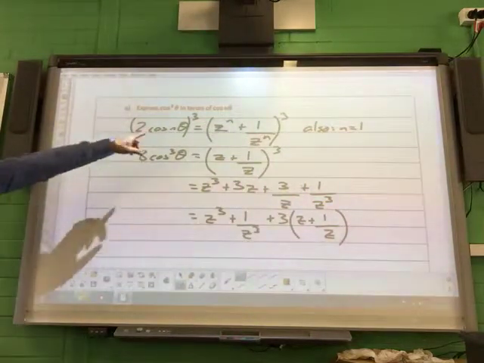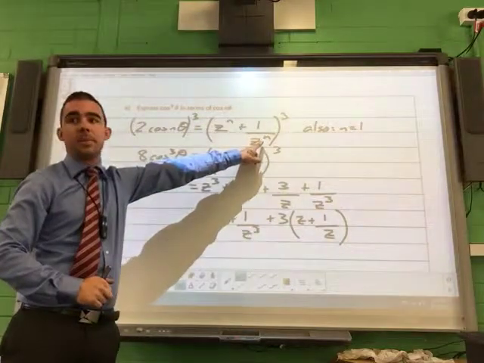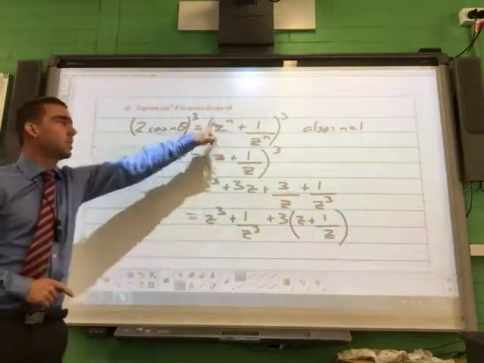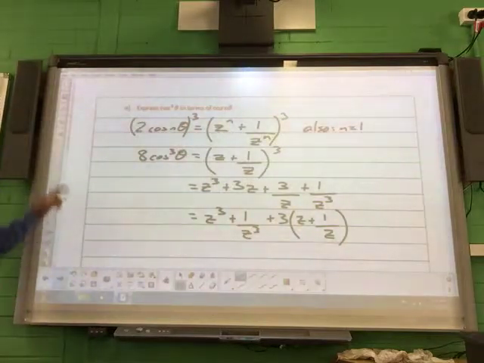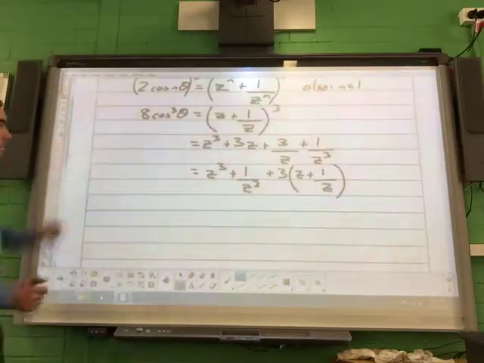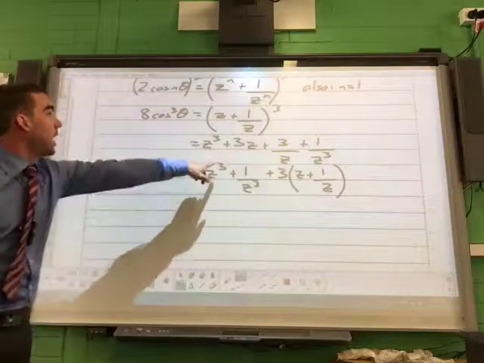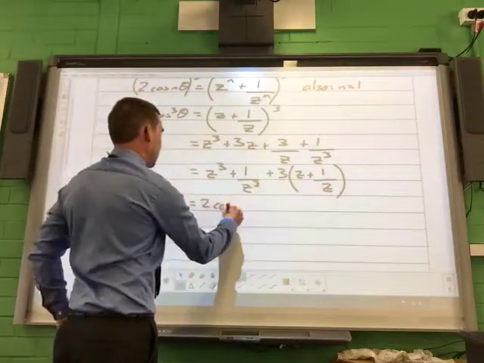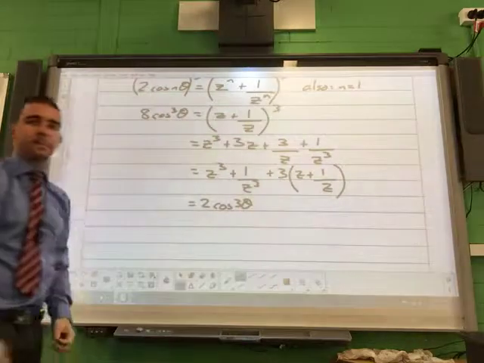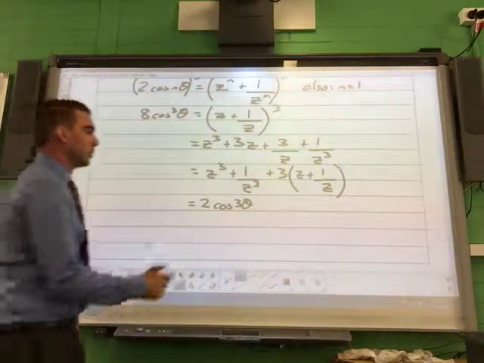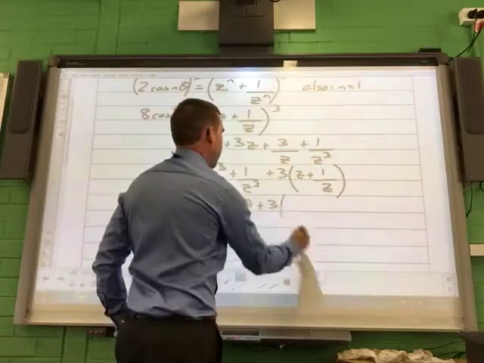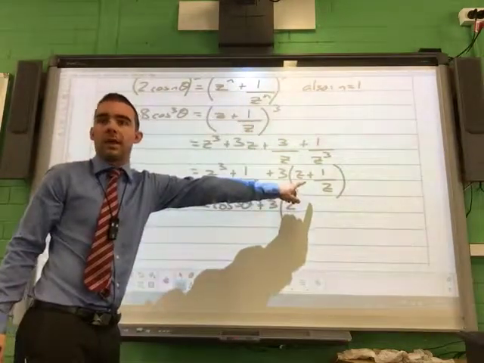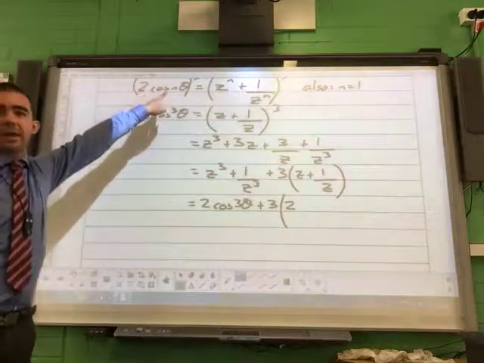And that's the result: z to the n plus 1 over z to the power of n is equal to 2 cos of n theta. I've got it set up, I just now need to go back the other way. So n is 3, so this is going to become 2 cos of 3 theta, plus 3 outside the front of 2, and n equals 1 here. So I'm going to put n is 1 here.